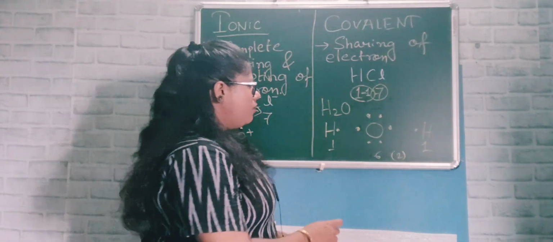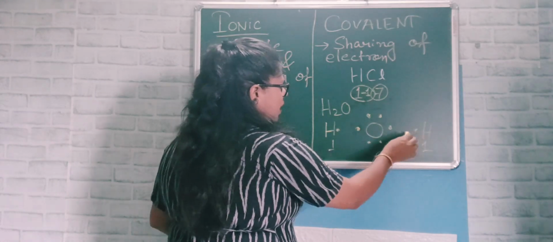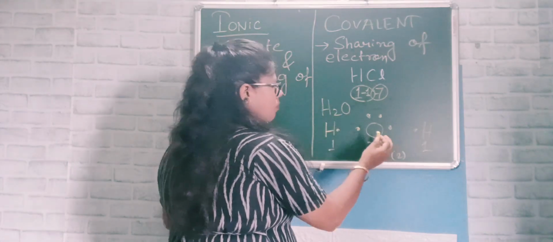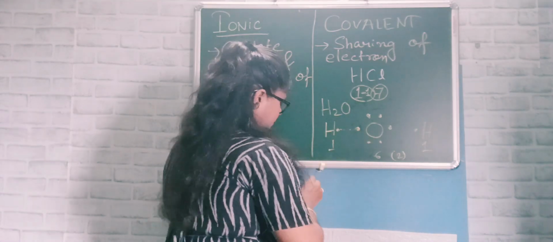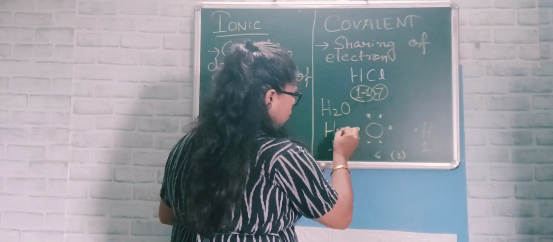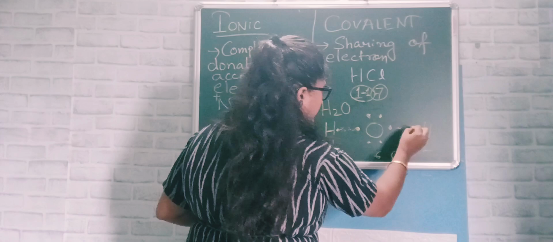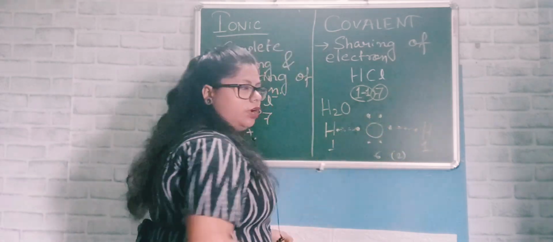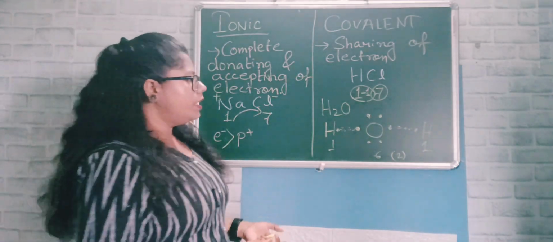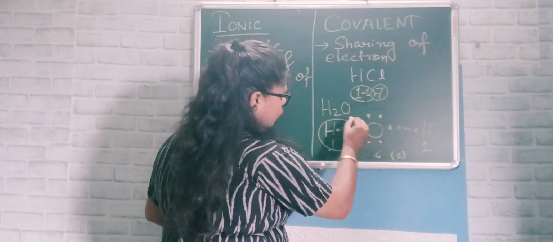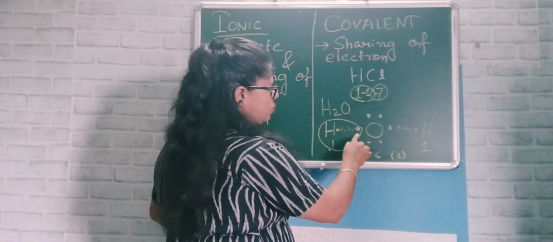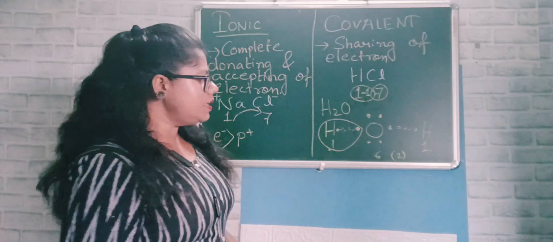Okay, what will they do? This hydrogen and this hydrogen will come close to oxygen and say, let's make a bond like this. What is the benefit? Hydrogen is using this electron of oxygen and becoming 2, which will give it stability.